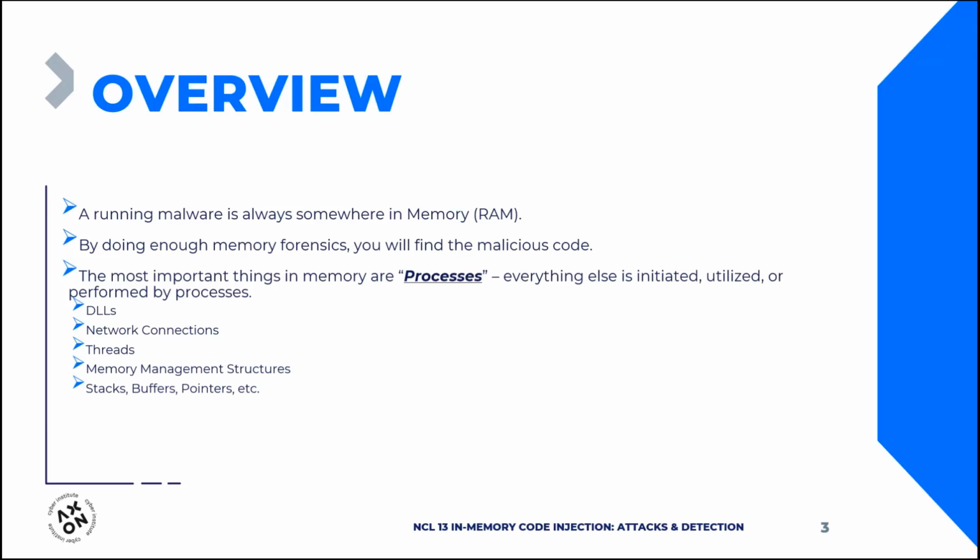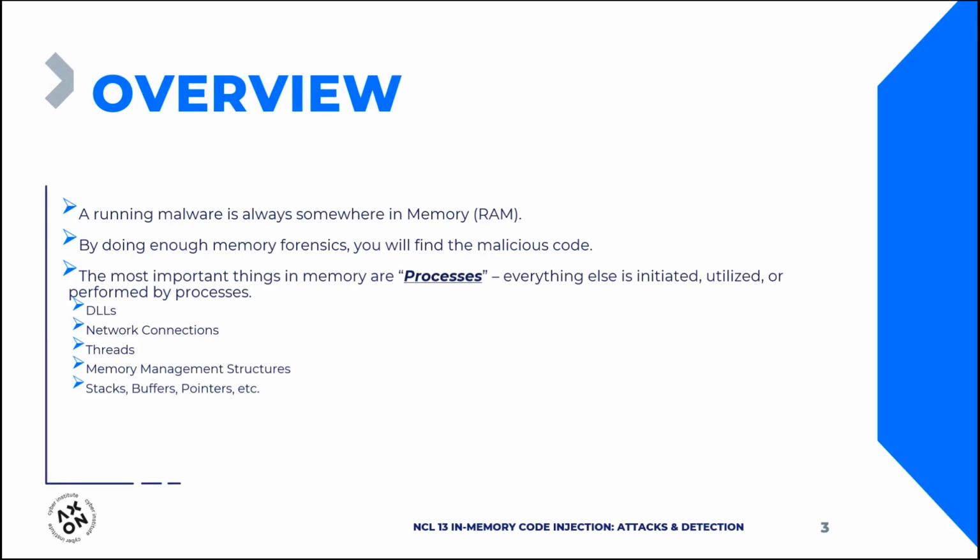So what do we find in memory? Basically, the main thing in memory is processes. When you look into memory, you see processes, and everything else is associated with a process. Network connections are operations performed by processes. DLL files are loaded by processes.